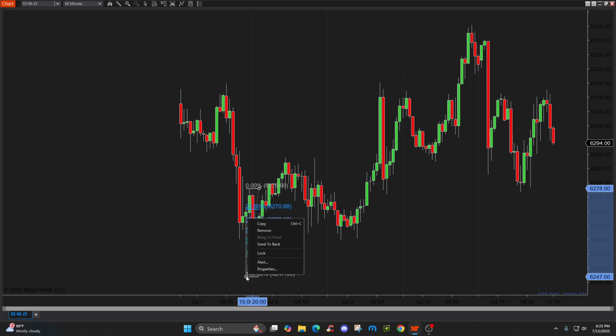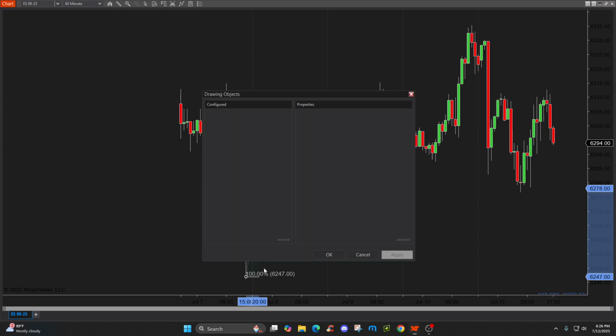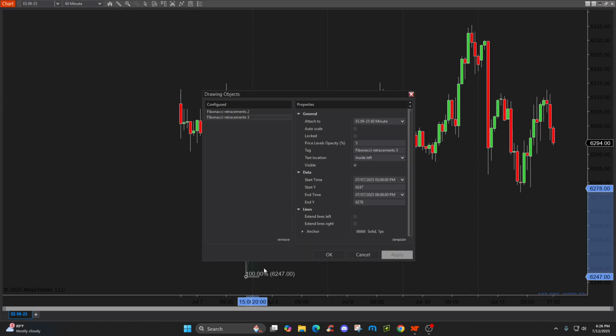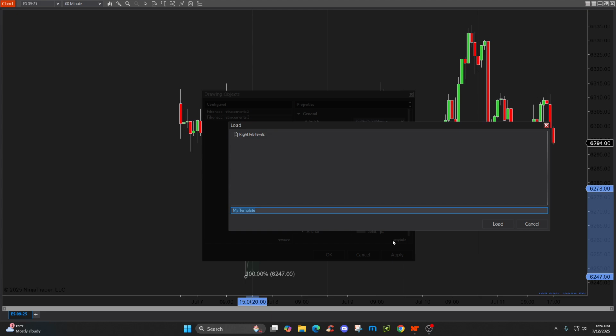See, it doesn't give you an edit. And if you click on properties, there's nothing to edit with. So luckily I saved the template.